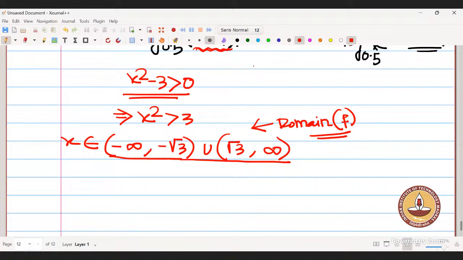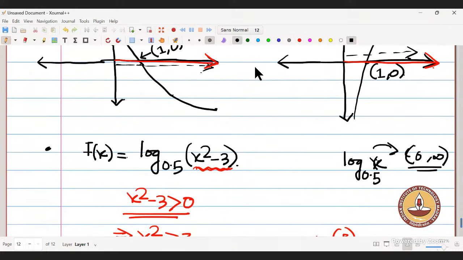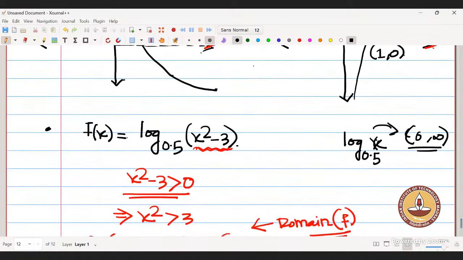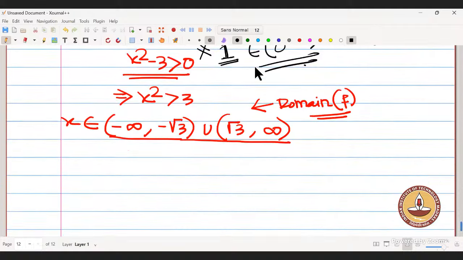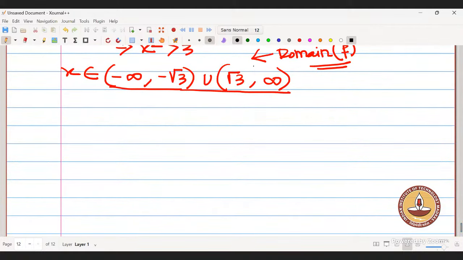See, when the base is given, you have to make sure that this base is not equal to 1, as well as it should be inside this range, right? Okay, so let's take one more example.